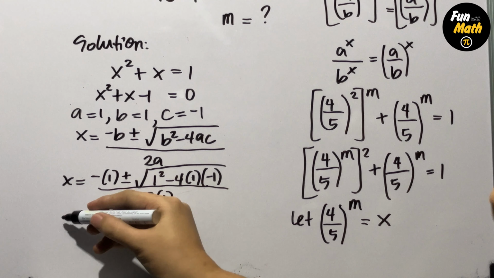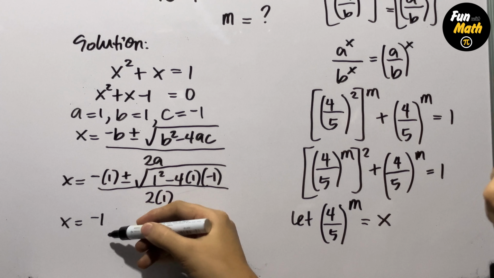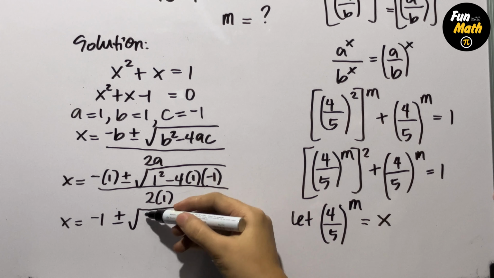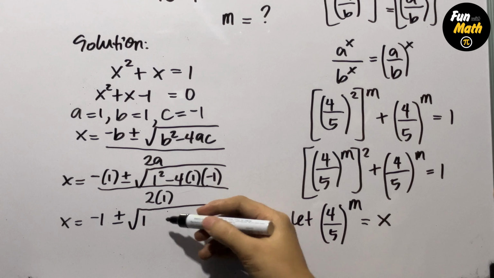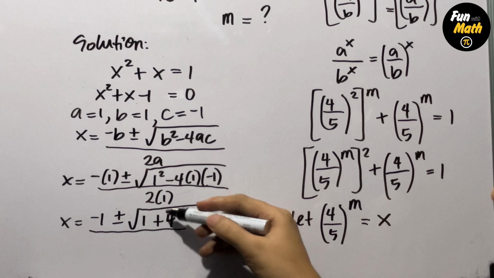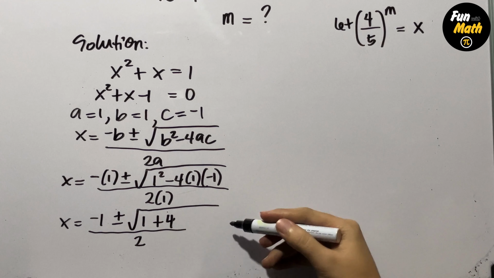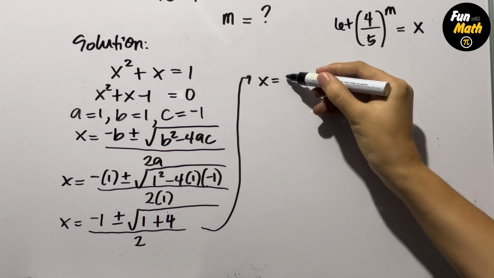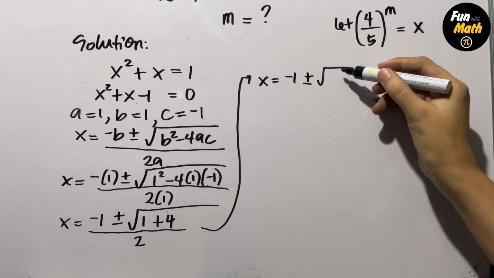Then x is equal to negative times 1, that is -1, plus or minus the square root of 1 squared, that is 1, minus 4 times 1 times negative 1, that is positive 4, over 2 times 1, that is 2. And now x is equal to negative 1 plus or minus the square root of 1 plus 4, that is 5, all over 2.